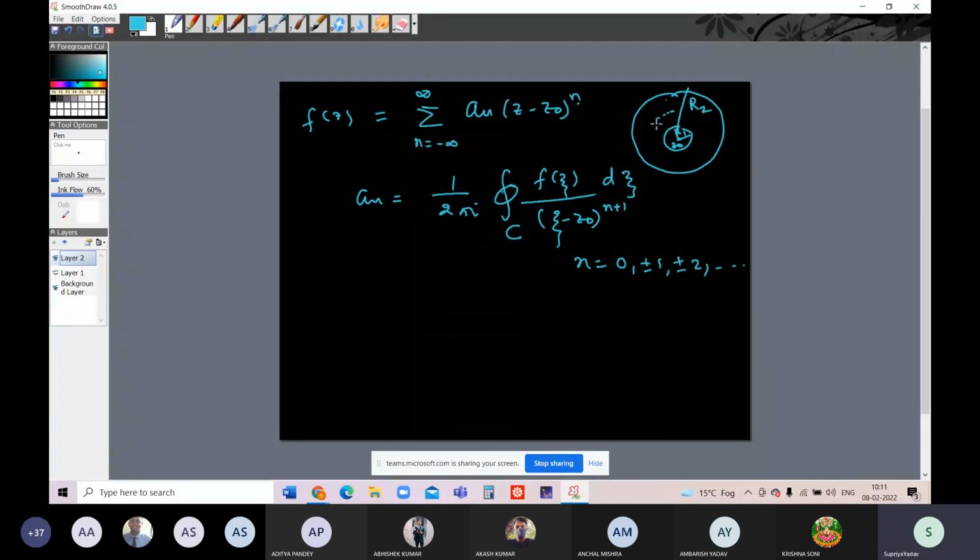So a_n can be defined as 1 upon 2 pi i, the integral along this closed curve C of f(xi) upon (xi - z0)^(n+1) d xi, where xi is any point on this curve C, and n comes from the set of integers. Okay, so this is our Laurent series.